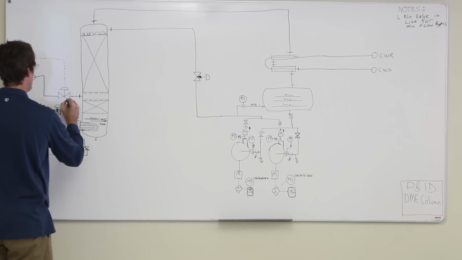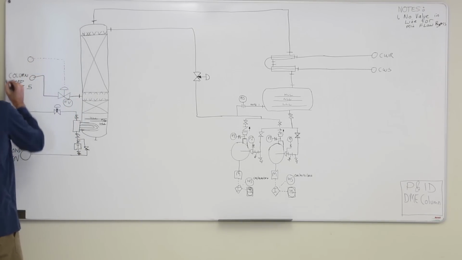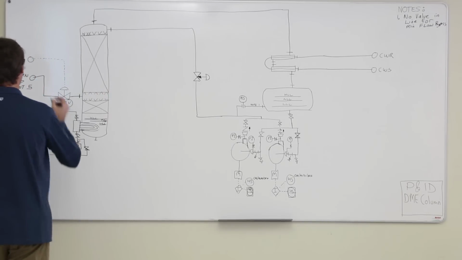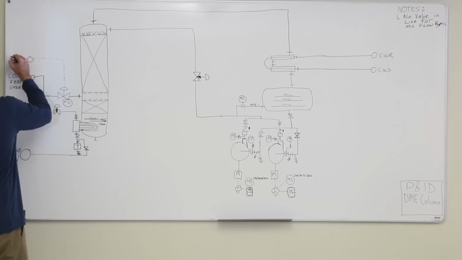Let's call this a flow valve. I don't know whether it actually is or not. And this might be coming from a level control, a temperature control, or a whole bunch of different things. But this is from sheet 5 as well.